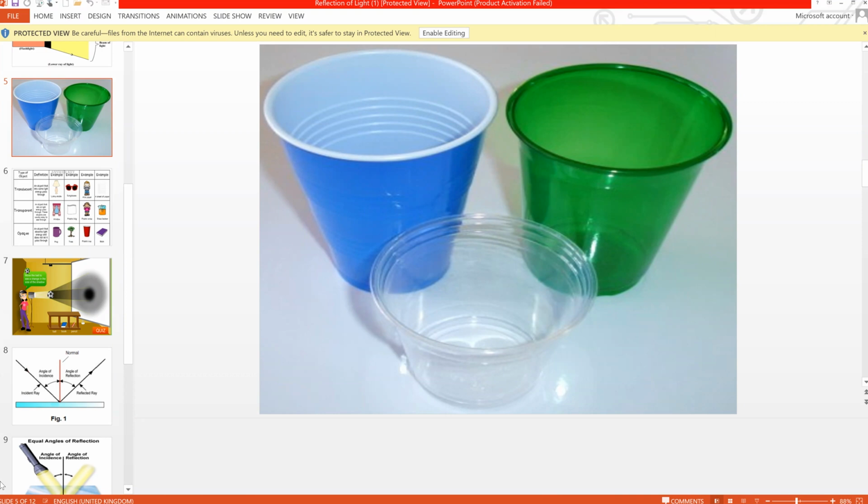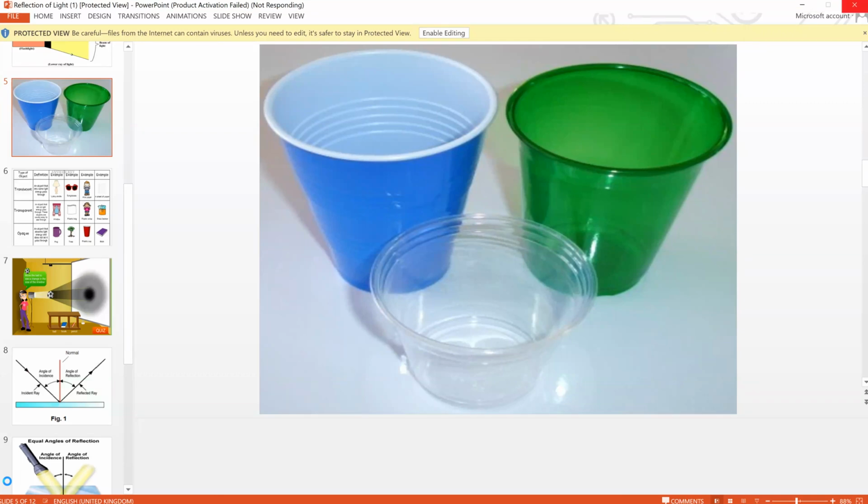Translucent. The third one is opaque. I'm repeating again: transparent objects, translucent objects, and then the third one is opaque. Then I have given three glasses over there.